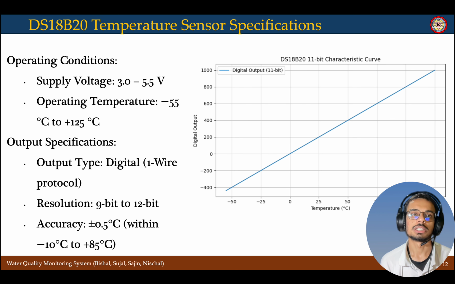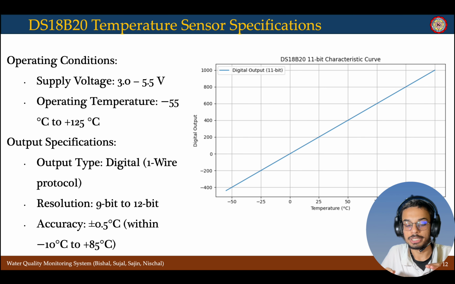This DS18B20 sensor works on a digital one-wire protocol. That is, it cannot drive the output high itself. So we keep a 4.7 kilo ohm pull-up resistor from VCC to the output signal, and the output is connected to an Arduino microcontroller pin.